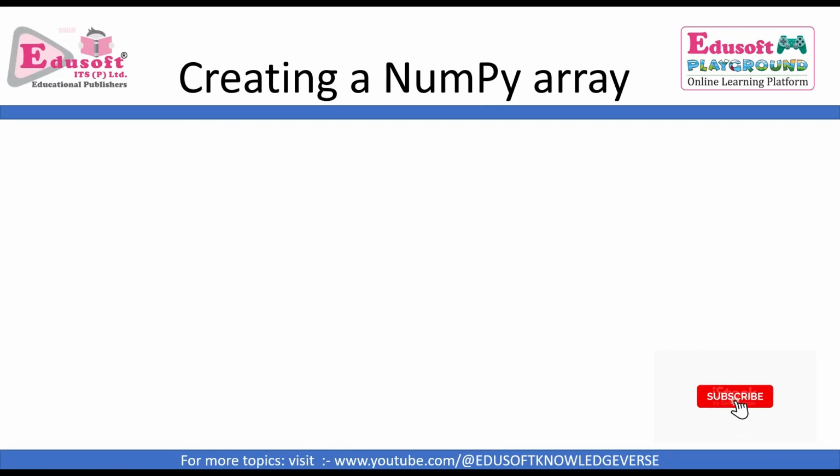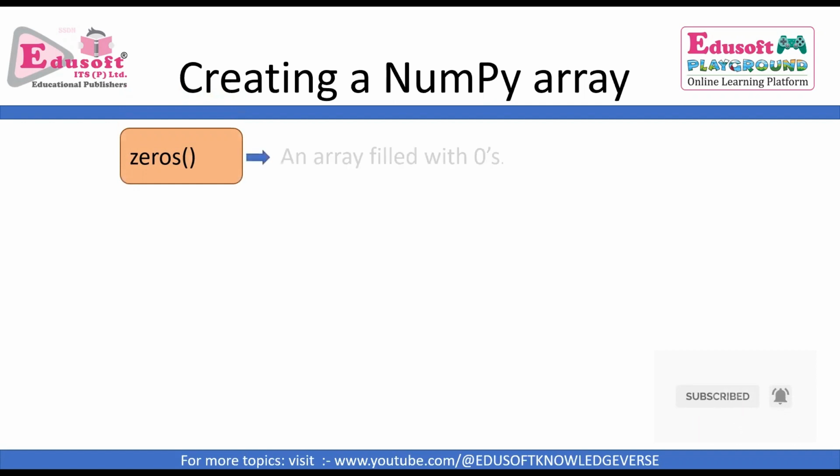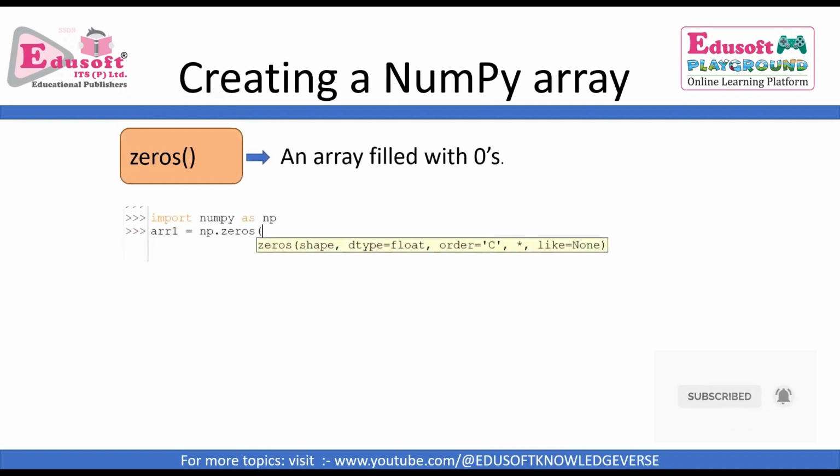The next one is the zeros function. What if I want to create an array of specified shape having all elements as 0 in it? So how can I create this? I have to use the zeros function. It will create an array filled with zeros. Let's see the syntax. You can see over here array1 equal to np.zeros.